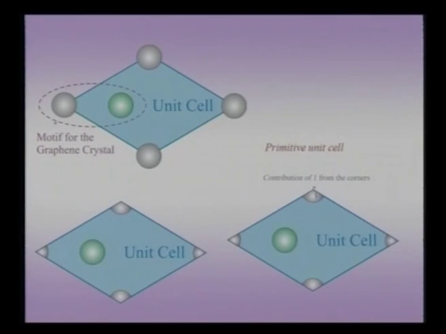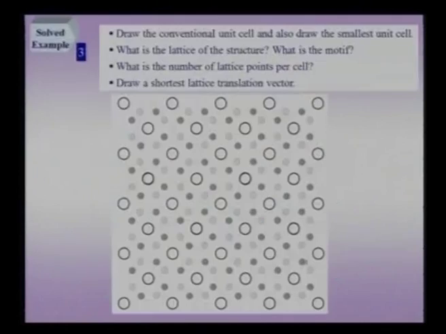The total contribution to this unit cell will be 1 from these 4 atoms. Put together, these 4 atoms sitting in the vertices will give a contribution of 1, and this green one will be an additional carbon atom. Therefore there will be 2 carbon atoms within this unit cell, but the number of lattice points per cell still remains 1, and therefore this is a primitive unit cell of the graphite structure.